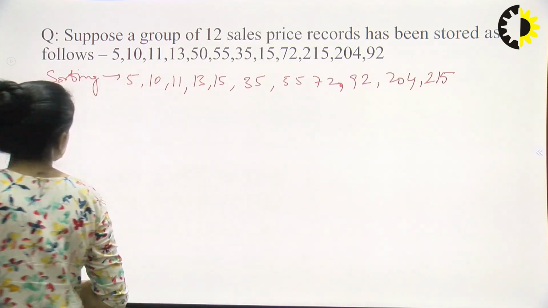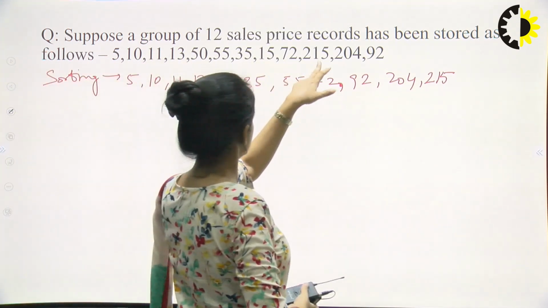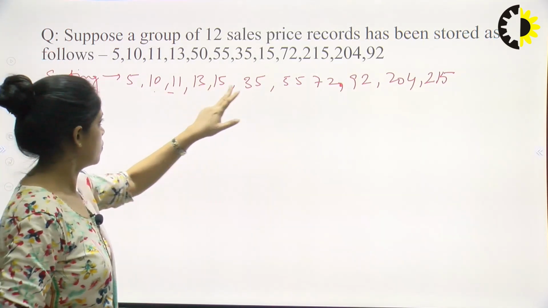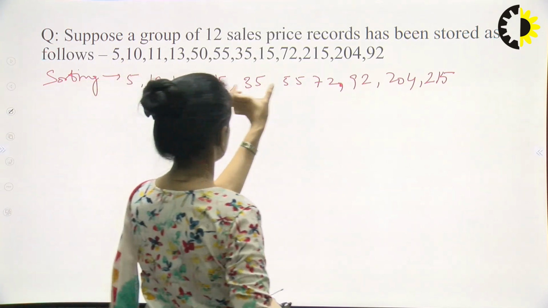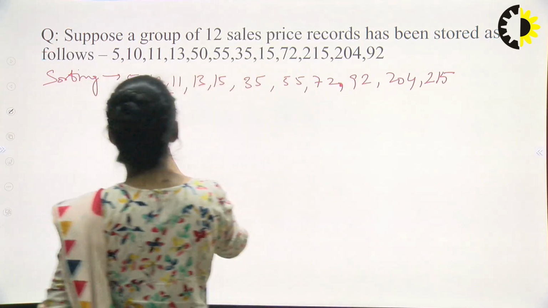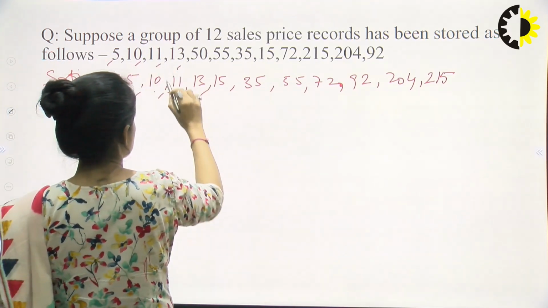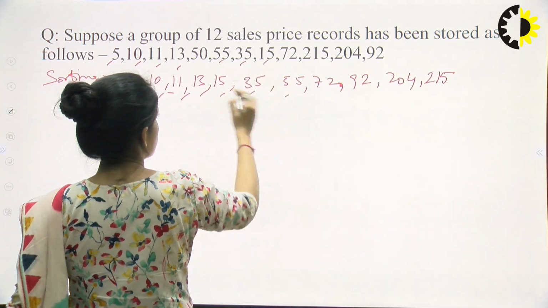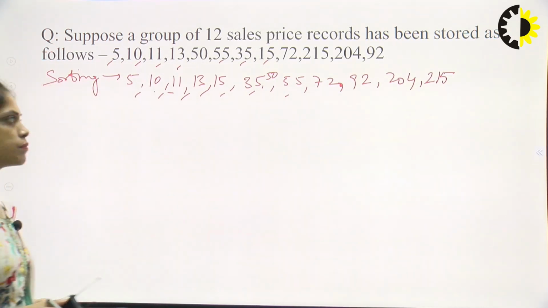Like this, twelve values are there. 5, 10, 11, 13, 15, 35, 55. Here 50 is also there. Now, 12 values are there.